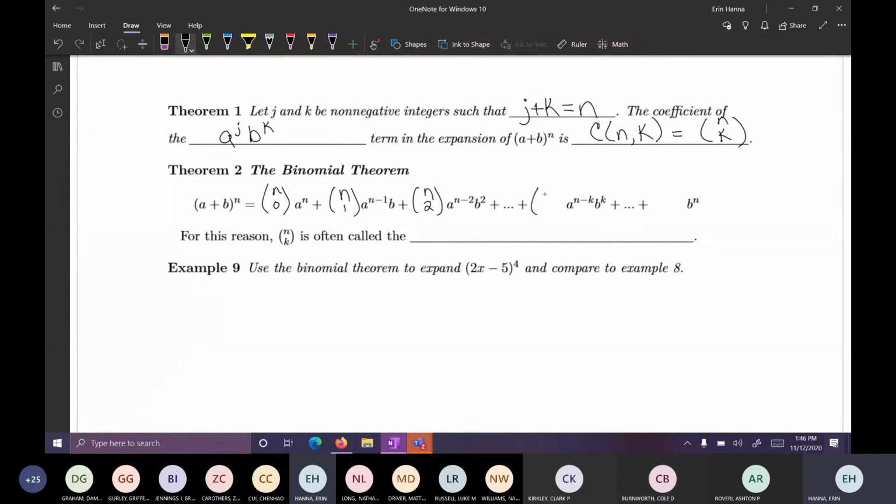So you go n choose k minus 1, no, choose k for some middle term, and then n choose n for the last piece. For this reason, n choose k is often called the binomial coefficient.